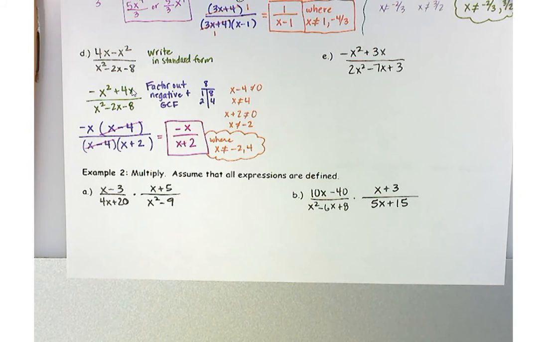Okay, good. So you're going to factor out your negative x, and what did you get in the parentheses? x what? Okay. So negative times a positive is a negative, negative times a negative is a positive.